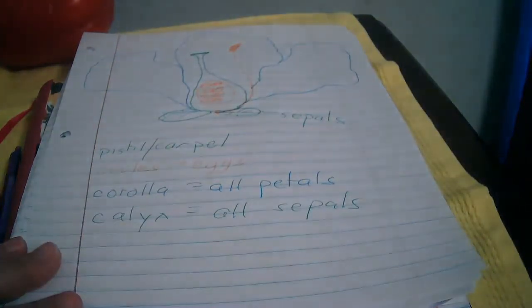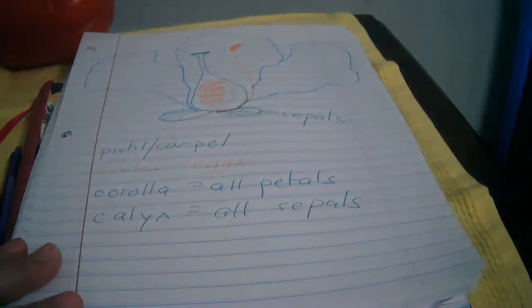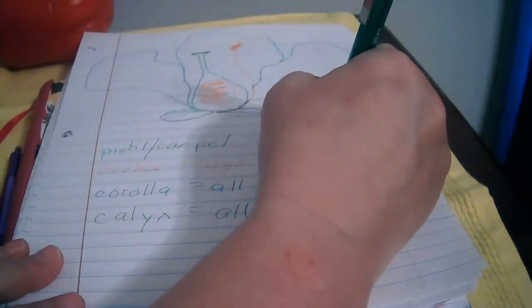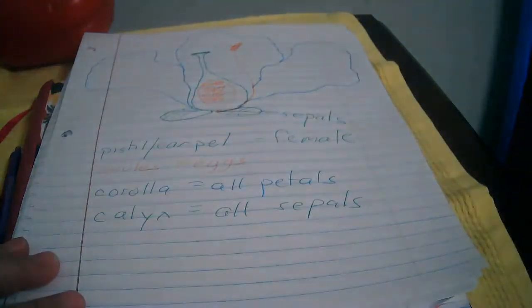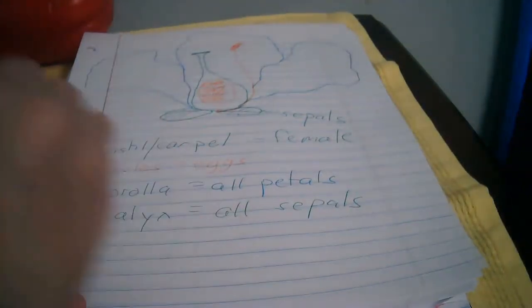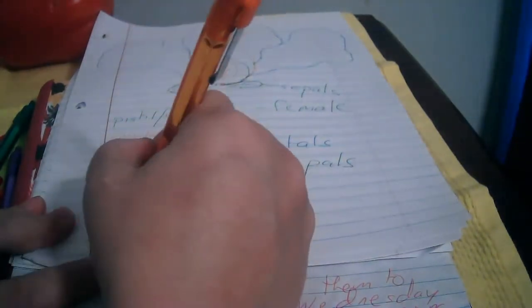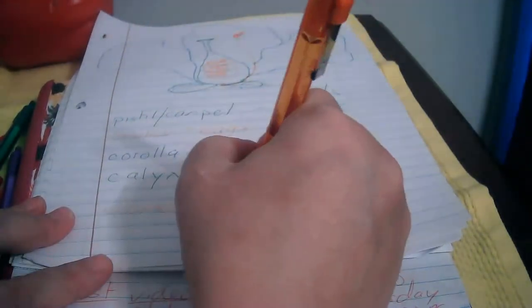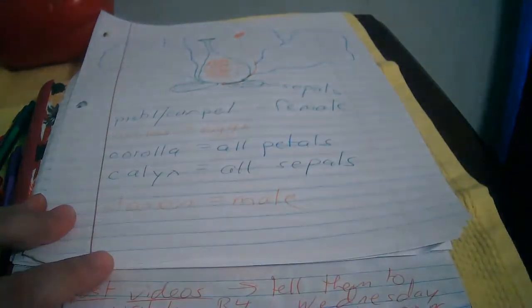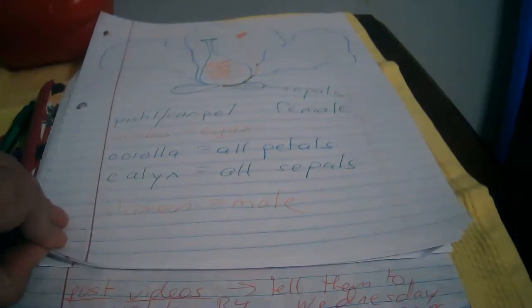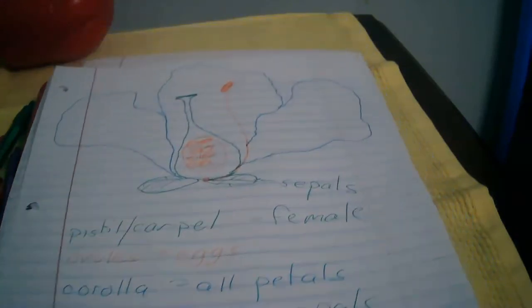Okay, the pistil or carpel is the female reproductive structure, and the stamen, which is in orange, is the male reproductive structure. And then we need to label the parts of the pistil and the stamen.